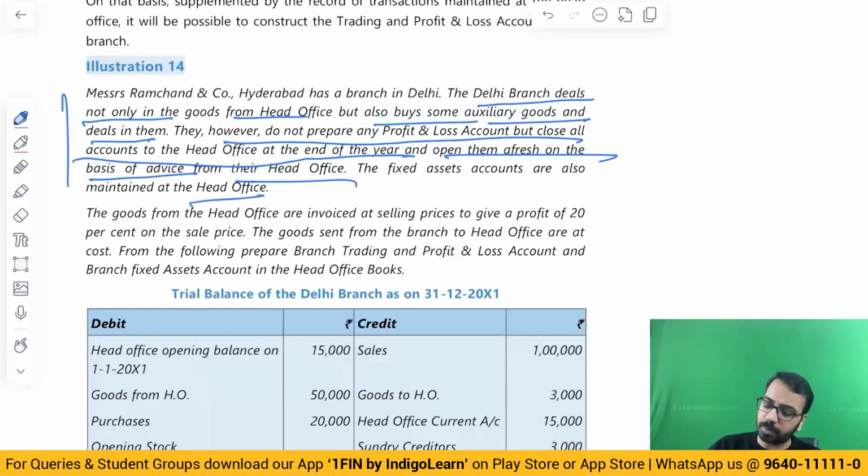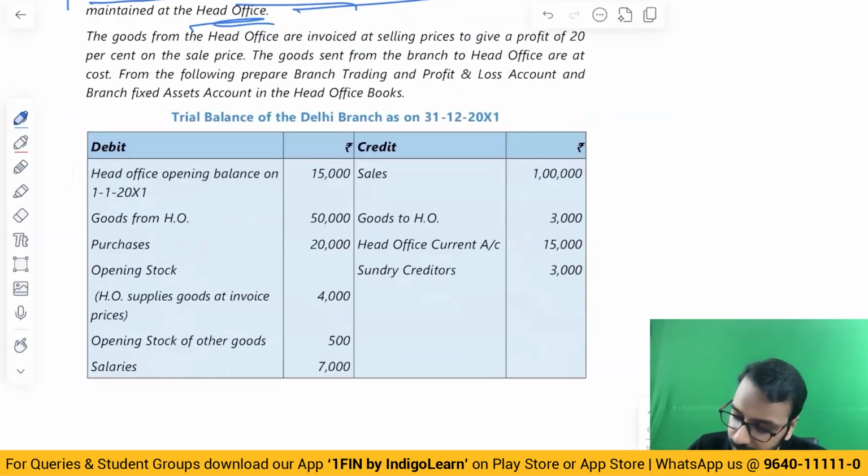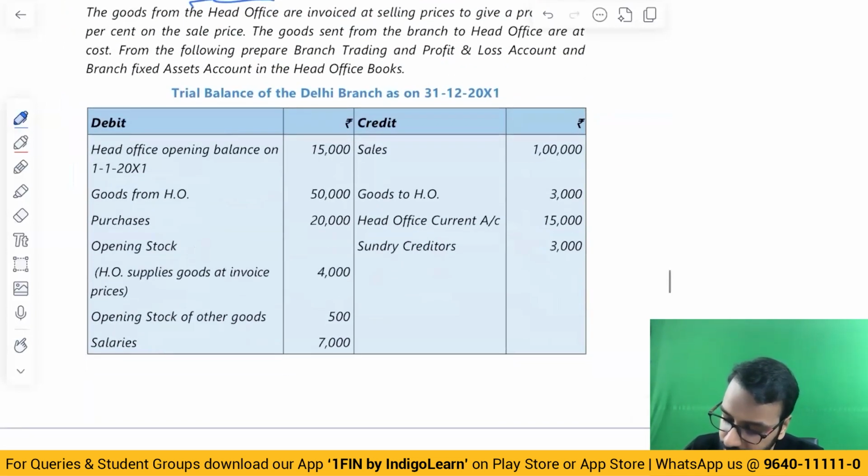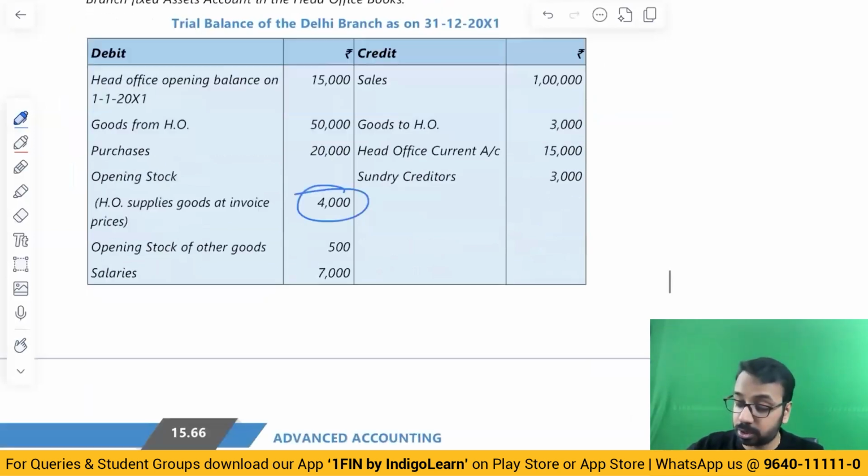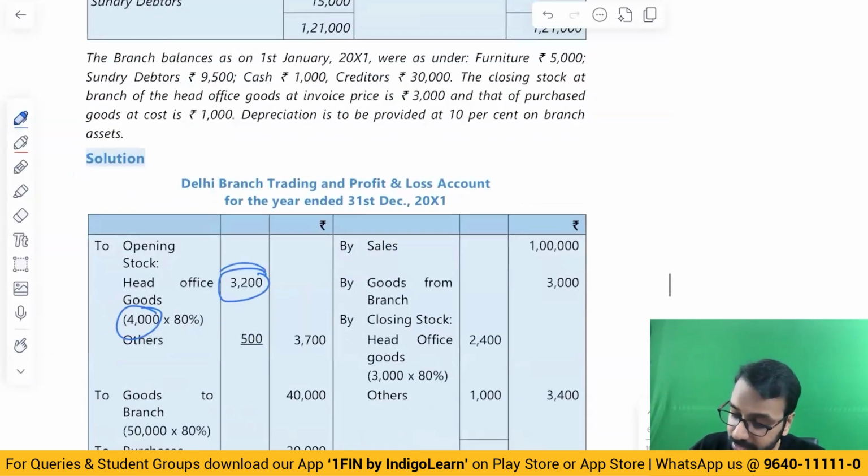But if the head office is preparing the P&L of the branch, then, for example, if the opening stock is 4,000 at invoice price, head office knows it is not 4,000, it is 3,200, and does it accordingly.